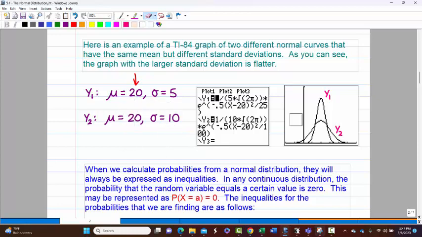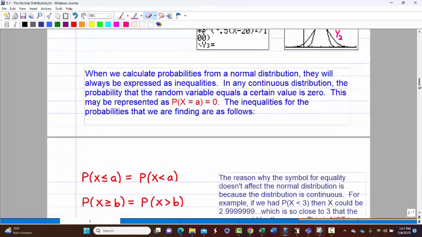I used the same mean, so that way they would be centered. They go by tens here on the bottom, 10, 20, and the second graph with the larger standard deviation was the flatter of the two graphs. So that's just strictly for illustration purposes. You will not have to use any kind of technology to actually draw the graph.